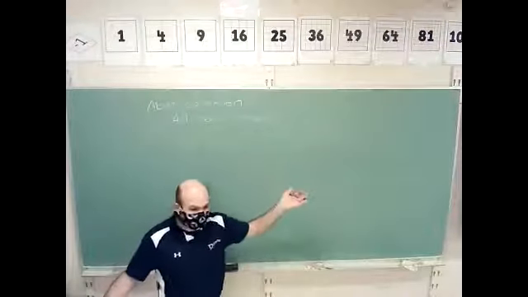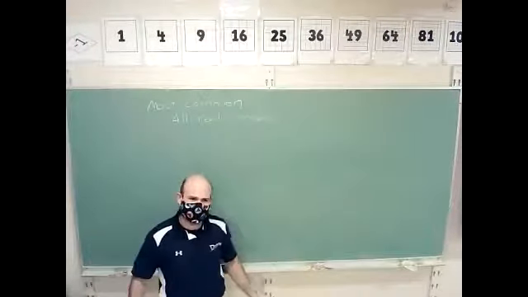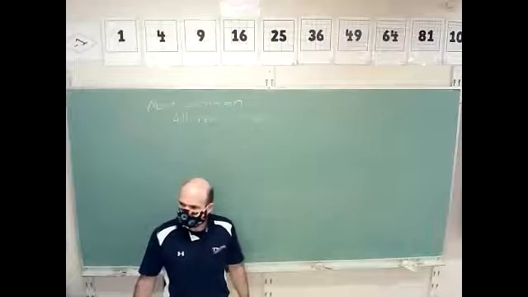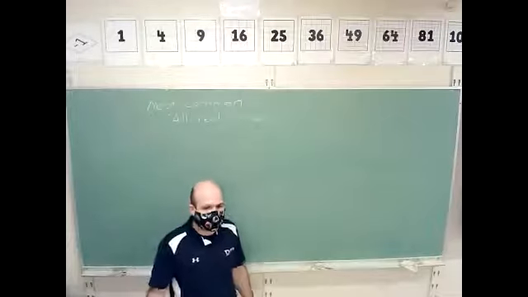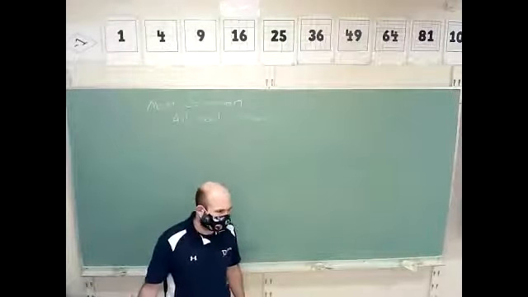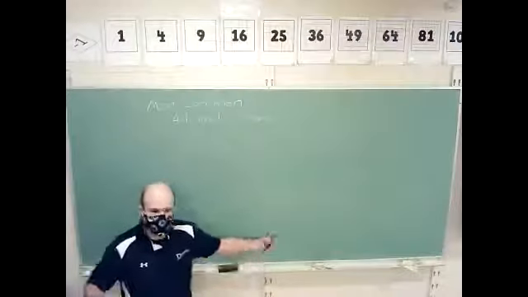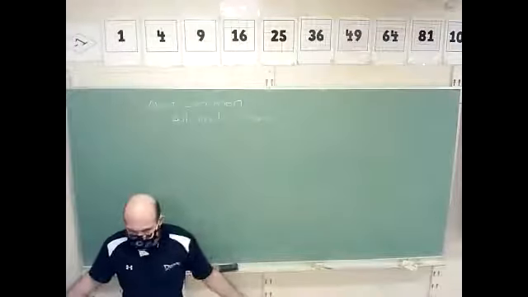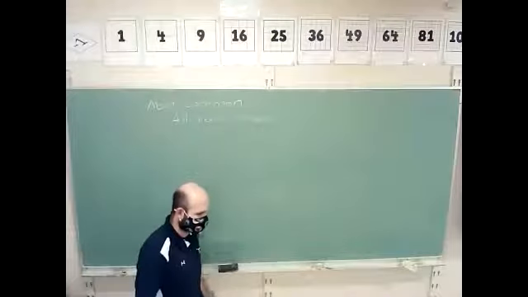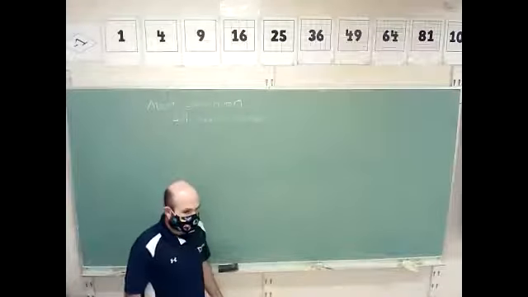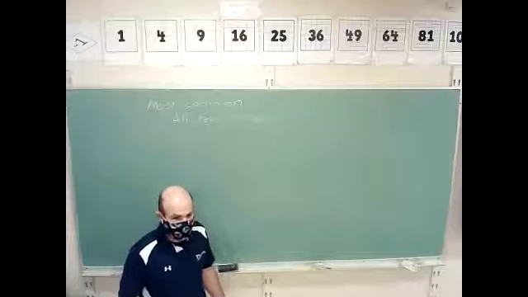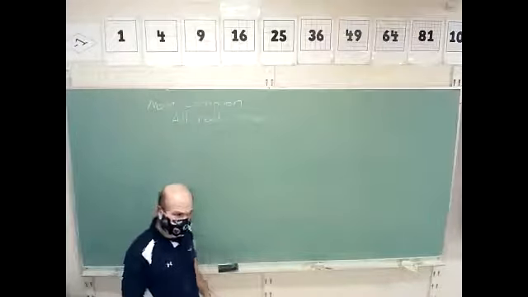And typically, quite often, when there's nothing major going on, your domain is gonna be all real numbers and your range is gonna be all real numbers. You'll typically know and see something happening that's different if it's not.